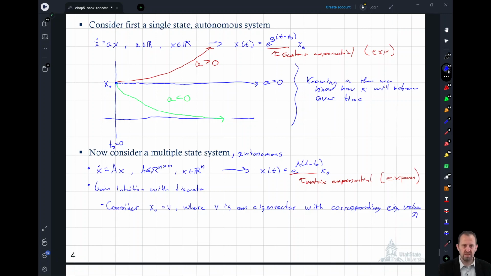Okay, and I meant to write our discrete equation where we're going to say that x of k plus 1 is equal to A times x of k. So we'll take a look at this.